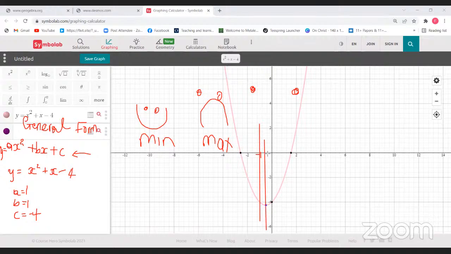Where does it cut? In between 1 and 2. So that is -1. So what would this part be? 0.5.